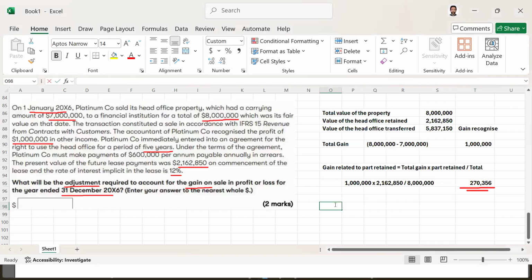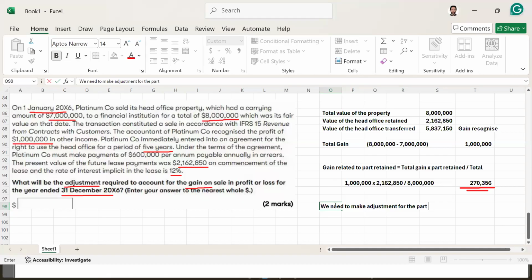So we need to make adjustment for the gain related to the part retained, so that the balancing figure left is for the part of the gain related to the part transferred.